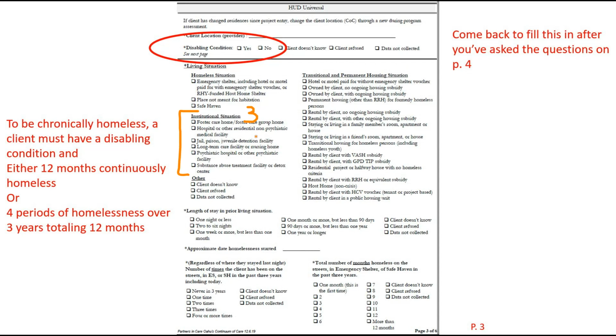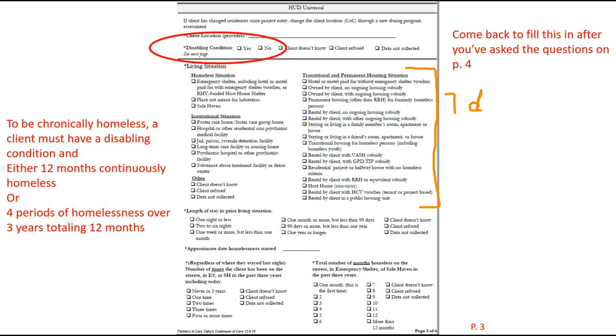Even if they don't have a place to go afterwards, once they hit that 3-month mark, they're housed. Similarly, if we come over to this side where we have transitional and permanent housing situations, once a client has been here for 7 days, they are considered housed.